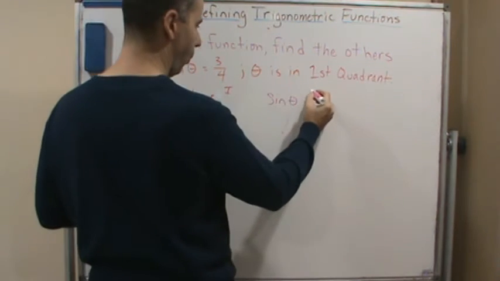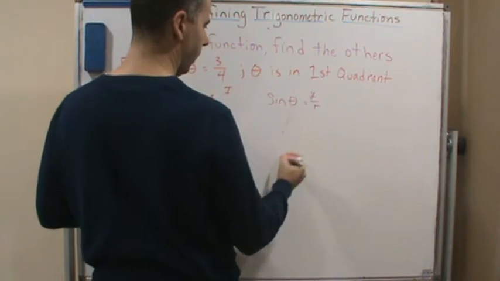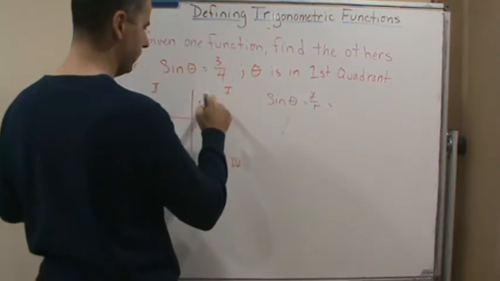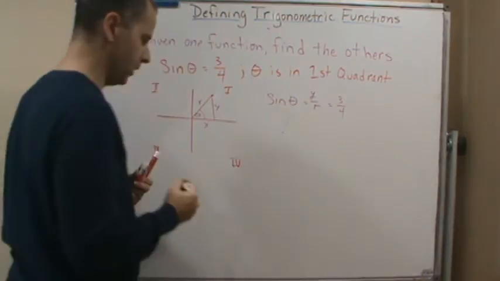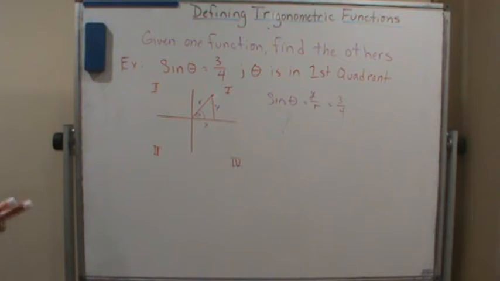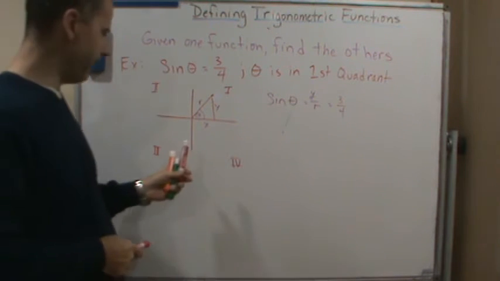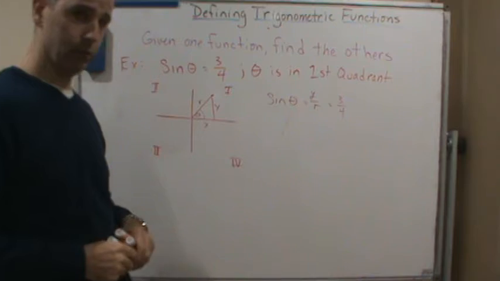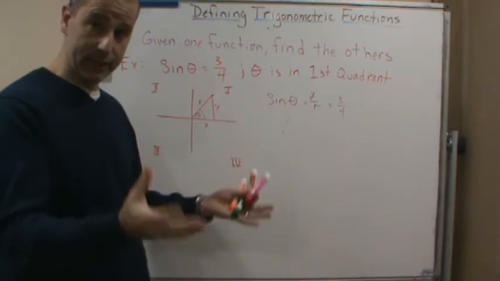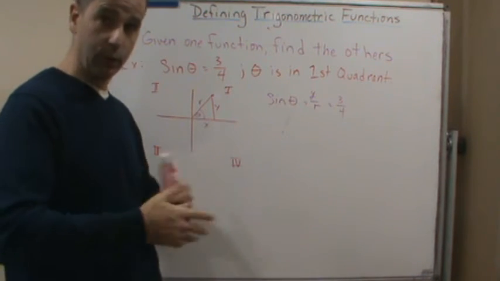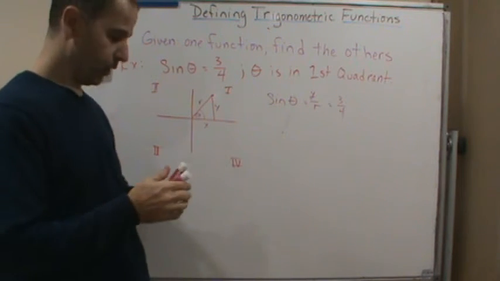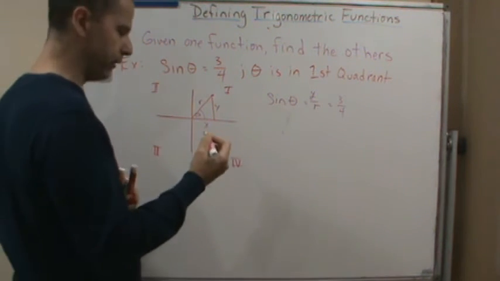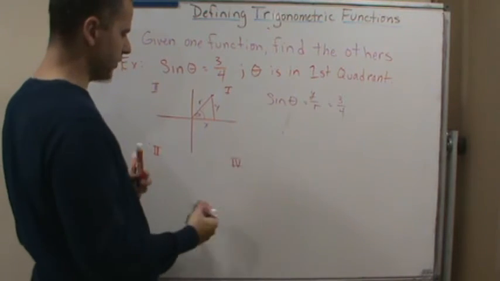So it's y over r, and we know that ratio is 3/4. Now we need to find x. Once we know all 3 sides of the triangle, we're done. We can get the rest of the trig functions easily. So let's use the Pythagorean theorem, set it up, and solve for x.